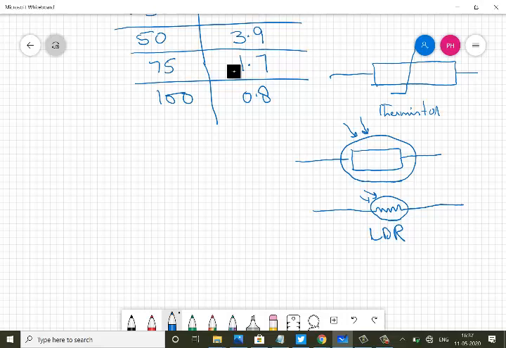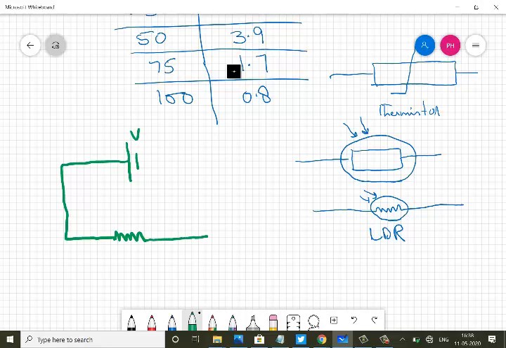We will insert it in a circuit like this. We have a constant voltage source V, and then we connect one end of this voltage source to a fixed resistor.